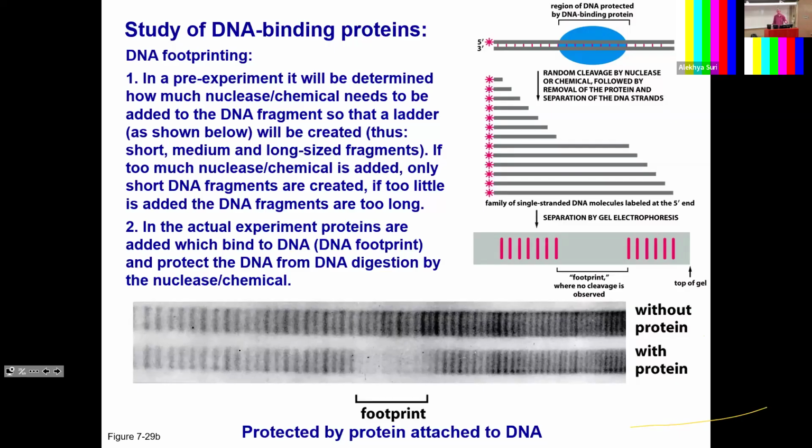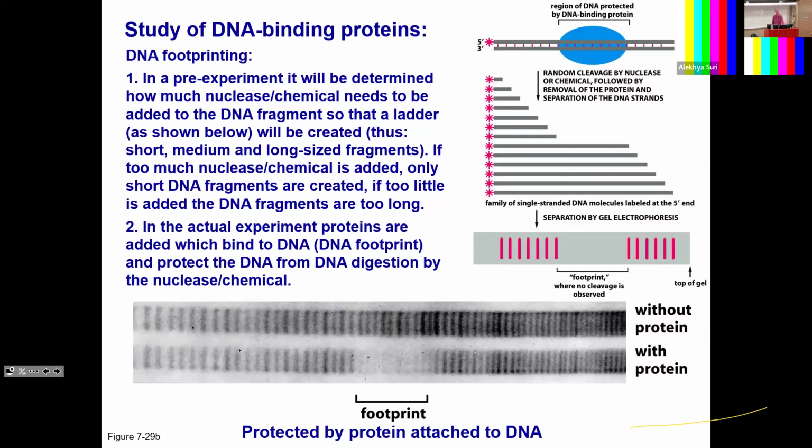Then you would do the actual experiment when you add the protein or protein complex. If the protein complex is bound to the DNA fragment, the nuclease or chemical agent cannot cut at these sites. So this is what you get.